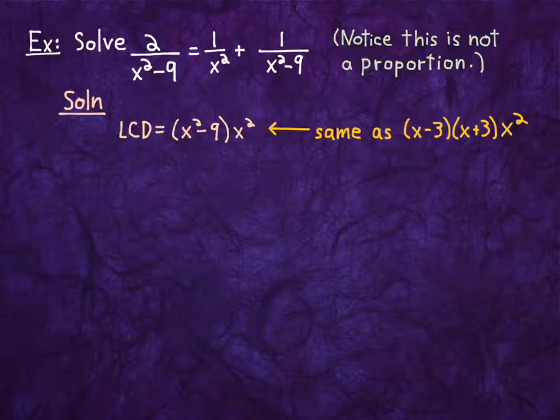So on this one the LCD turns out to be the product of x squared minus 9, the quantity, times x squared. Notice I did not include the x squared minus 9 twice, because when I multiply this through, it's going to get rid of both of the x squared minus 9s.